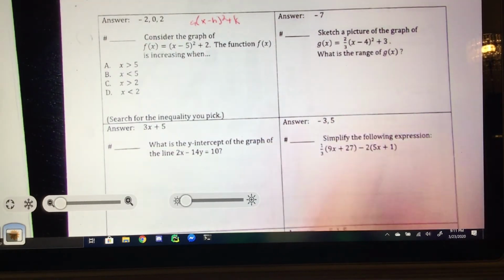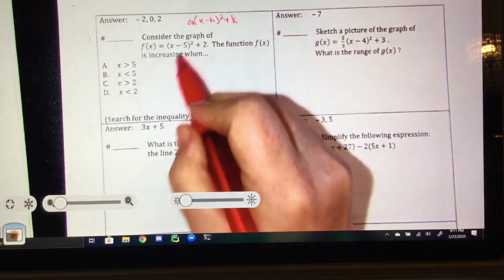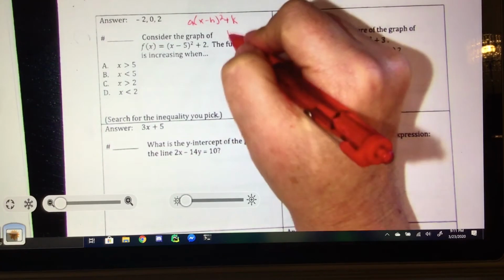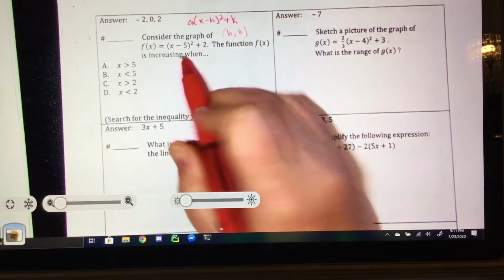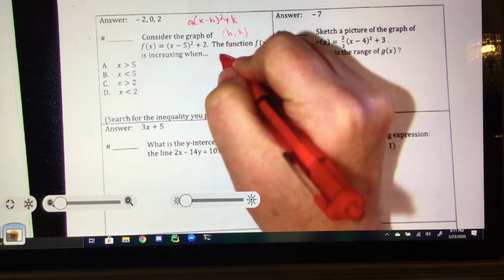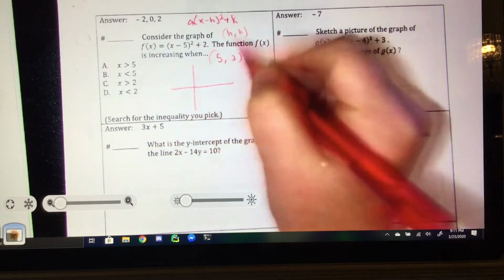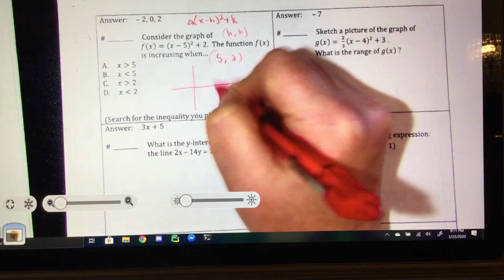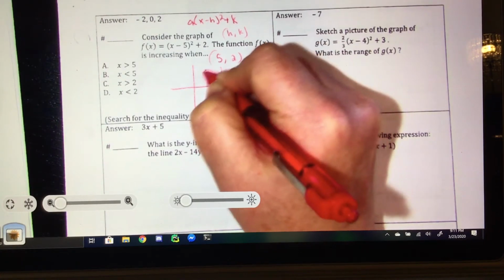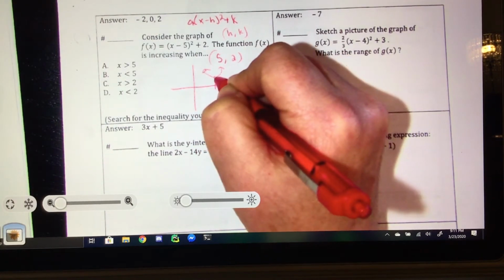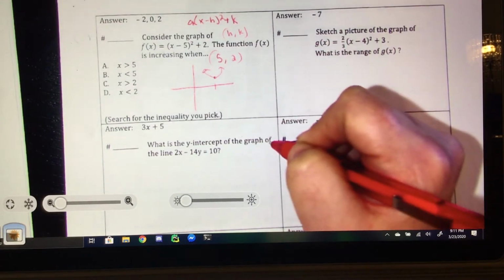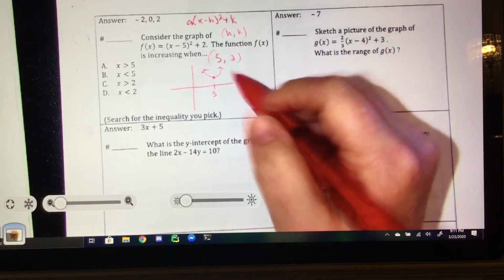I always forget the a. Since it's x minus 5, our vertex would actually be 5, 2. And let's say a equals 1. There's our vertex.